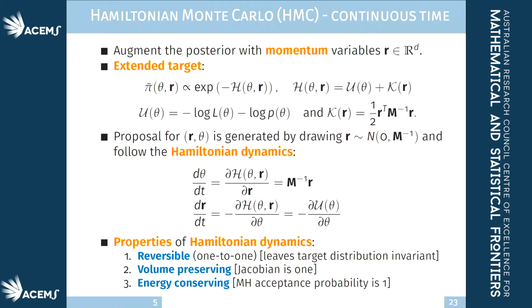And what you do is you use Hamiltonian dynamics in order to move around the space much more efficiently. I won't have time to actually go through it, but these are the equations, and these are the idealized equations, because normally you can't just solve these differential equations. You've got to approximate them, but the properties of Hamiltonian Monte Carlo is that it's reversible, it's volume preserving, and it's energy conserving. That means the Metropolis Hastings acceptance probability is 1.